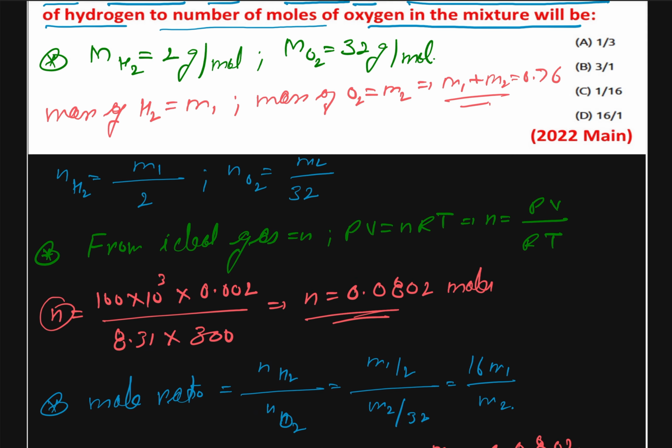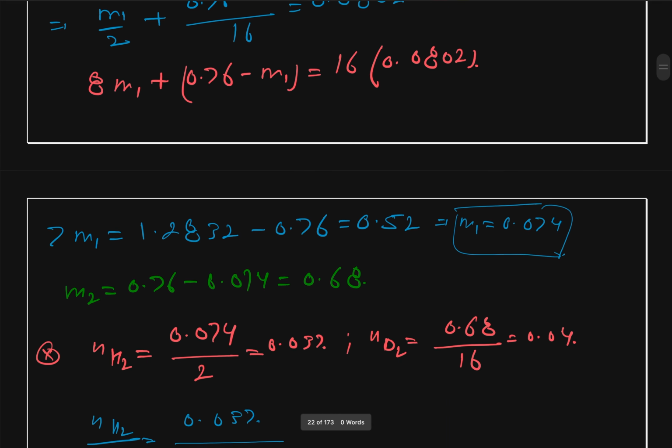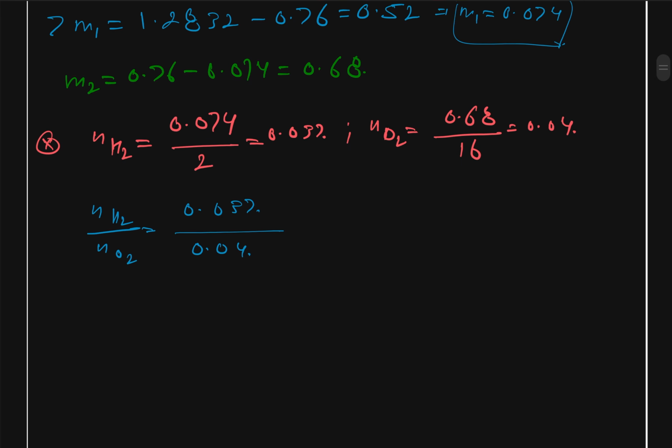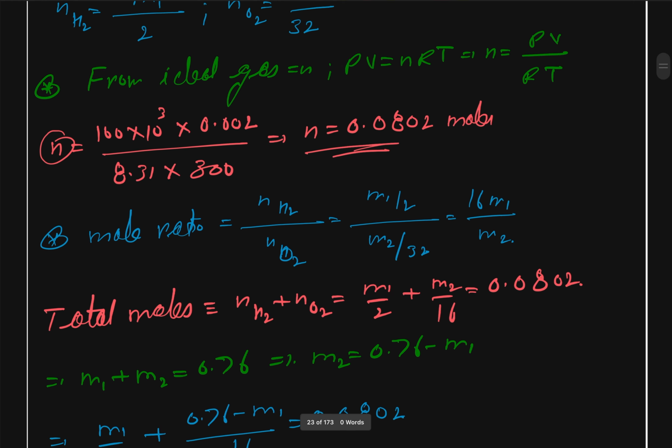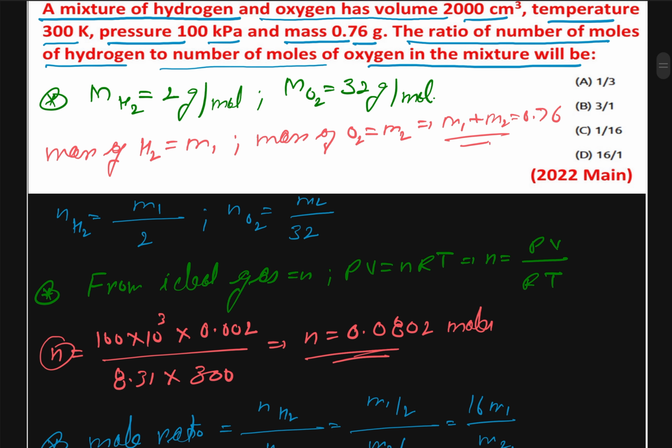Okay, so it is given in ratio. The ratio comes as 0.9 and 0.9. So I think it should be 1/3.